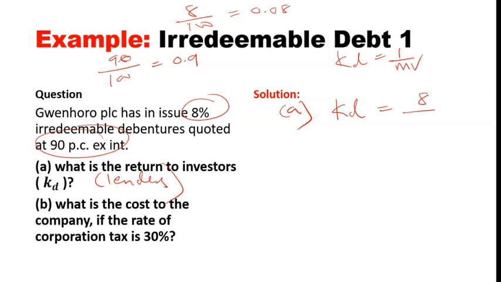So like and like, we can't say 8 over 0.9, rather we say 0.08 over 0.9, or 8 over 90. Are we together? That's the like and like situation I'm talking about. So in this case, our KD is equal to 8 over 90, that is 8.89%.